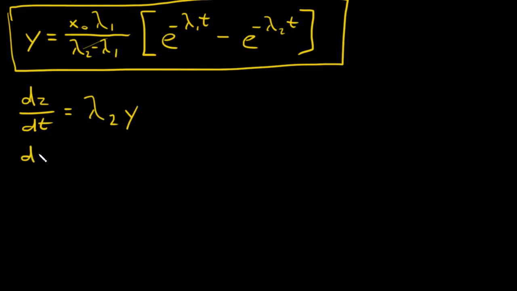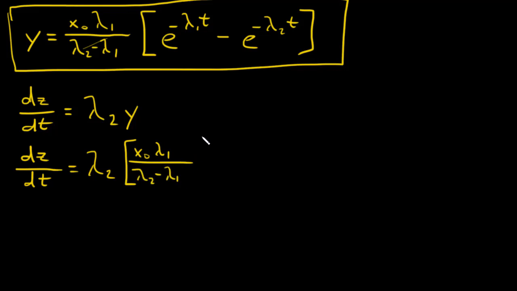So dz/dt is equal to lambda 2 times all the stuff that's up here: x naught lambda 1 over lambda 2 minus lambda 1, and then that's multiplied by e to the negative lambda 1t minus e to the negative lambda 2t, like that. Okay?